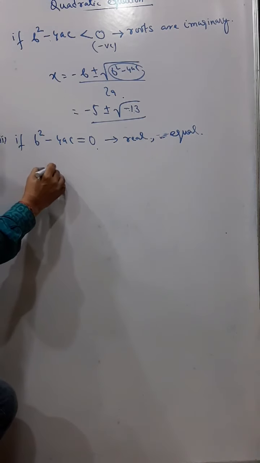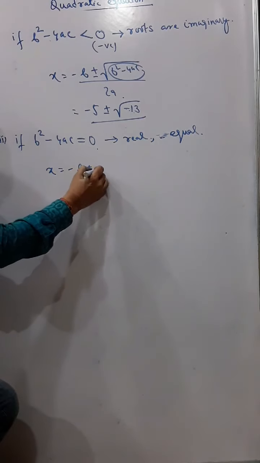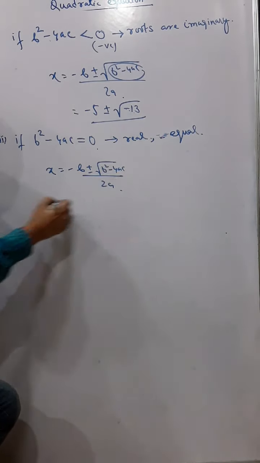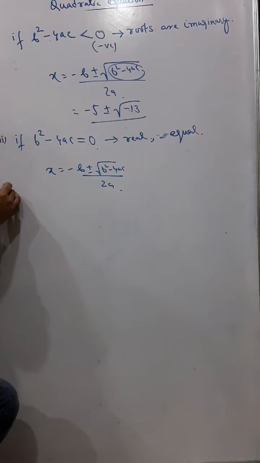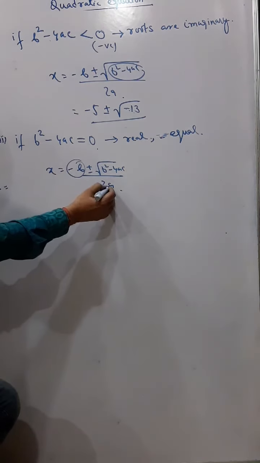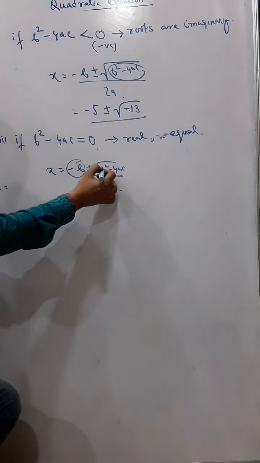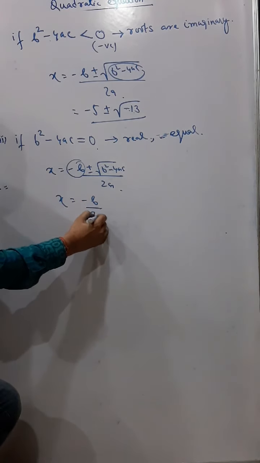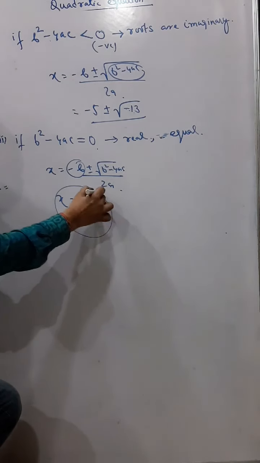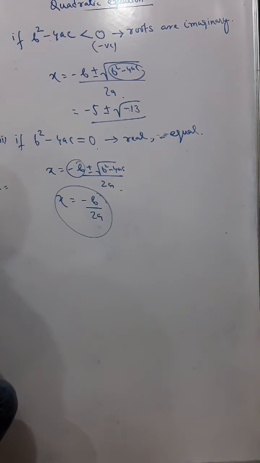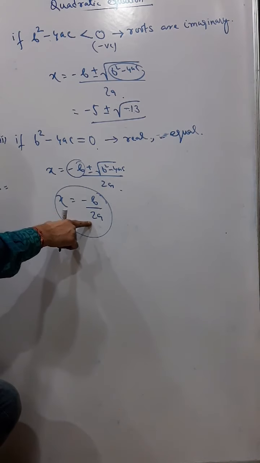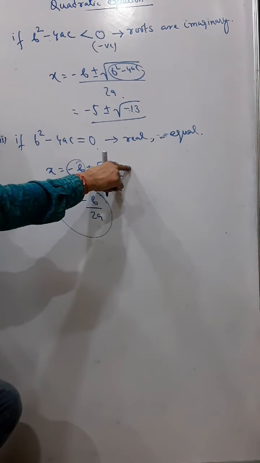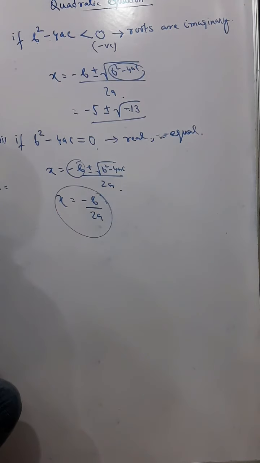Again, if you see here, x is equal to minus b plus minus root over b square minus 4ac by 2a. Suppose a is something, b is something. Now if b square minus 4ac comes to 0, what do you get as x? You get minus b by 2a, because this root part is 0. That means the roots are equal.